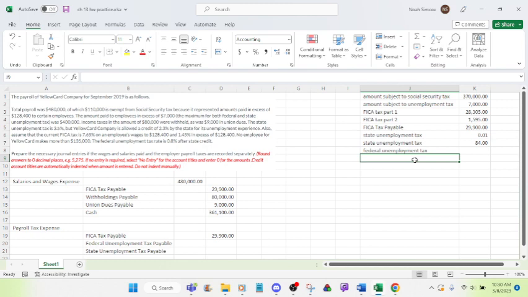Wait a minute, wait. What does that mean, after state credit? You've got to be kidding me. After state credit? You don't do 7,000 minus 84 and then tax it, right?